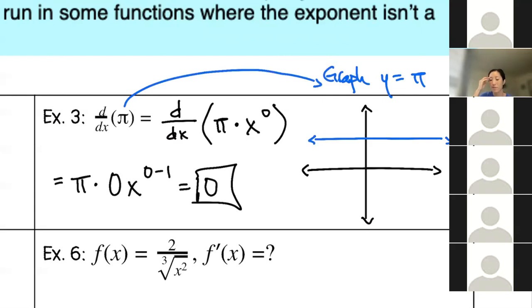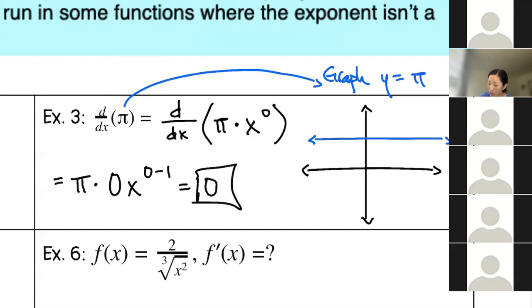When I say find a derivative, what am I asking you to find again? I'm asking you to find the slope, right? If I say find a derivative, I'm saying I want you to tell me the slope of that function at any point. And if we look at this picture, the slope of a horizontal line is 0.